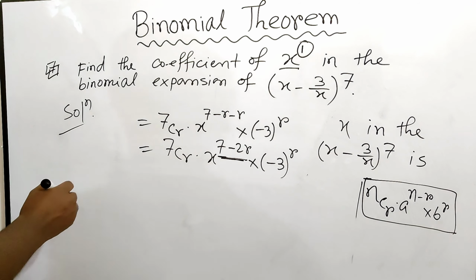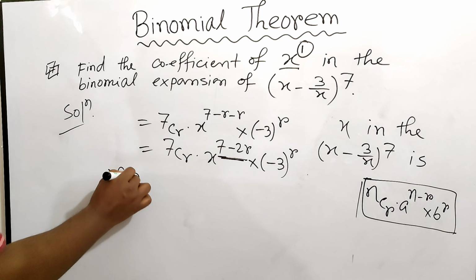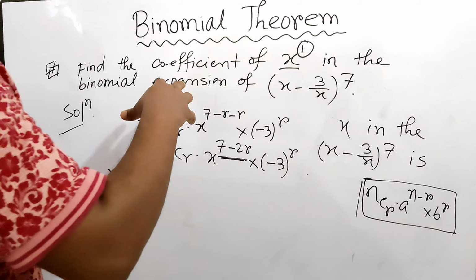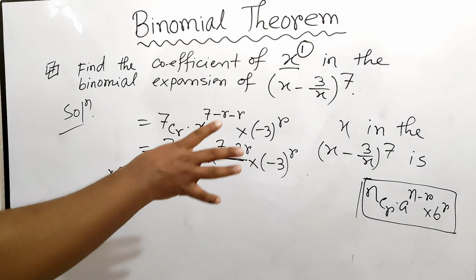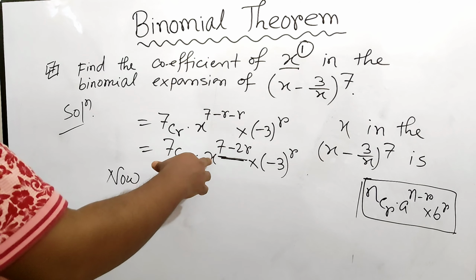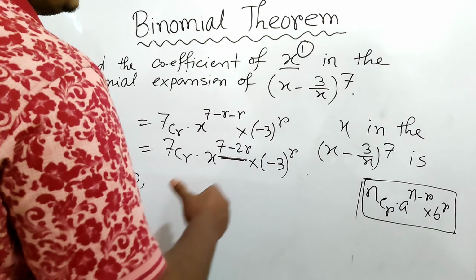Here you can write a statement: since the coefficient of x exists in the r plus 1 term, the power of x, which is 7 minus 2r, should be 1.